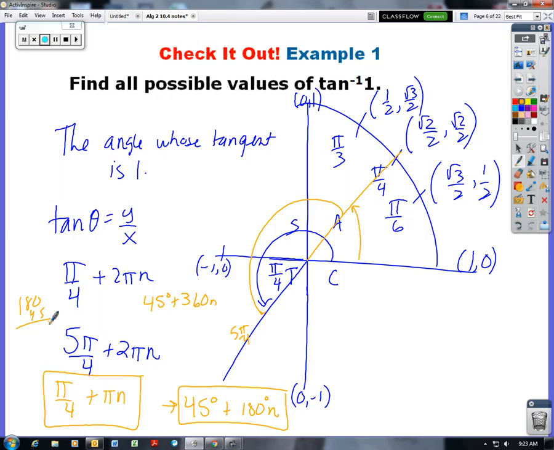Oh gosh, or 225, isn't it? Yeah, it's 225. You can see why I like radians, because they're faster, in my opinion, to figure out. So if you were using degrees, that would be your answer. You could either answer with the 2, or this one actually would include both of these all in one answer.